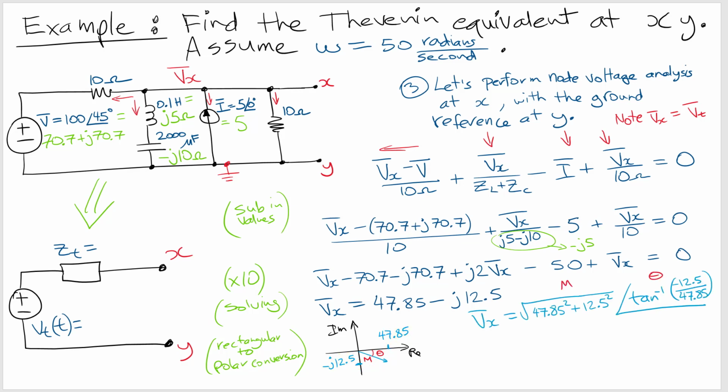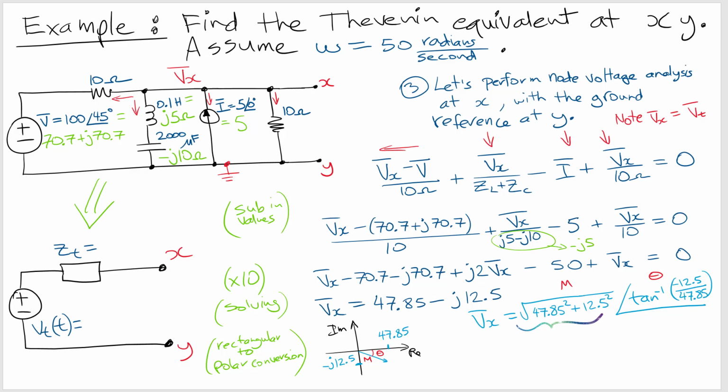So for M, we're just going to use Pythagoras. It's just the square root of 47.85 squared plus 12.5 squared. Okay, so that's the magnitude, the length of that vector. And then the phase angle theta is going to be the arctan, or inverse tan, of minus 12.5 divided by 47.85.